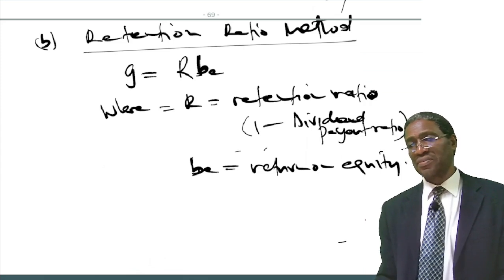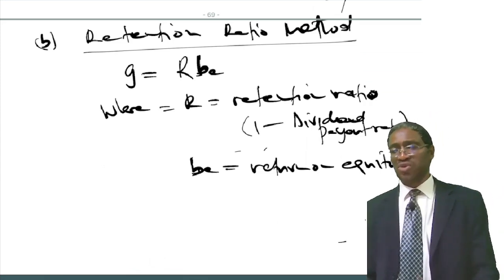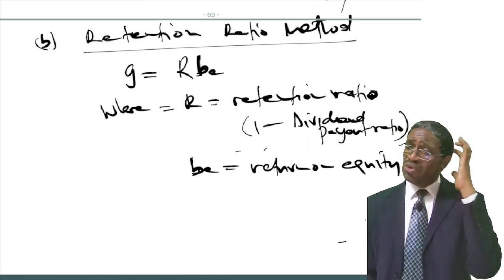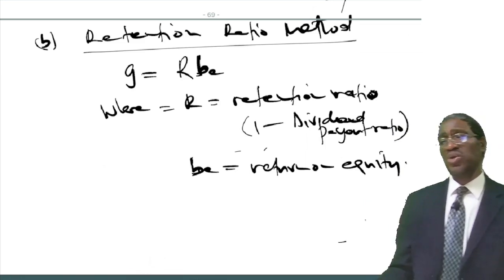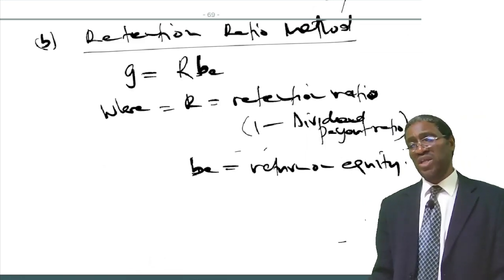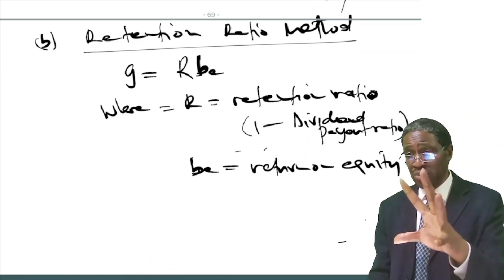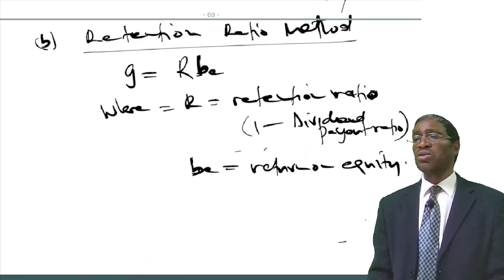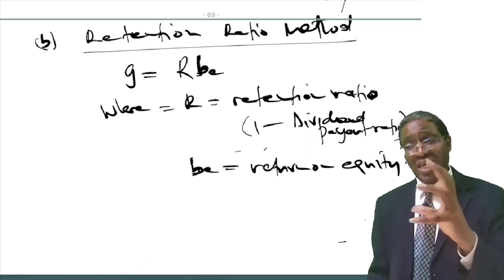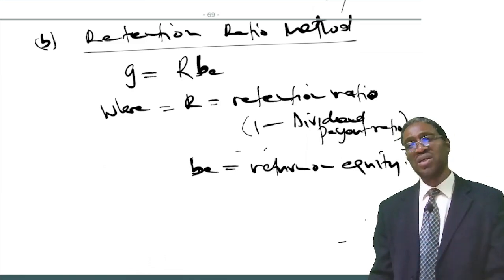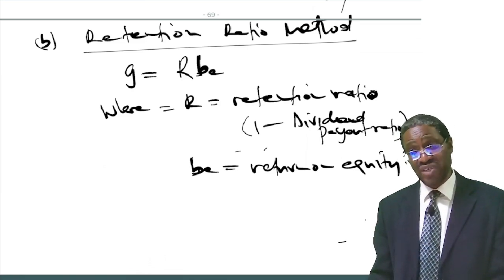Okay? Good. So today, we have discussed how to compute the cost of ordinary shares, and there are various ways of computing it, whether it is the dividend price model, the dividend growth model, or the earnings price model. Those are the 3 approaches we have discussed.